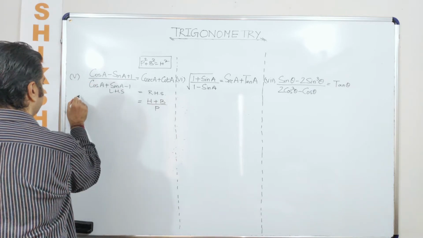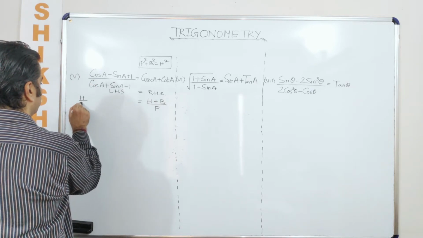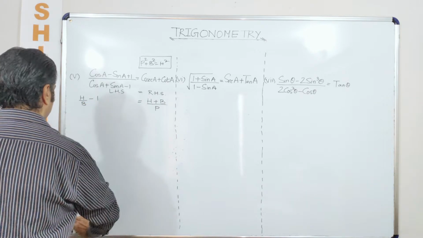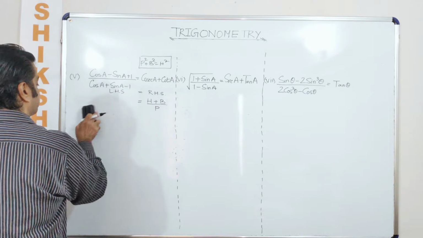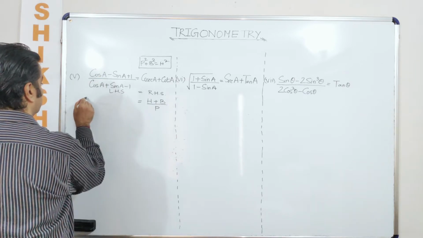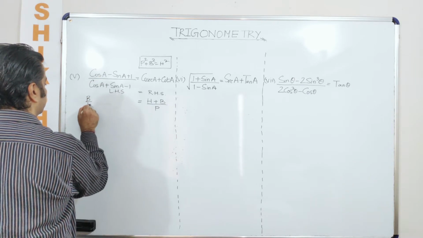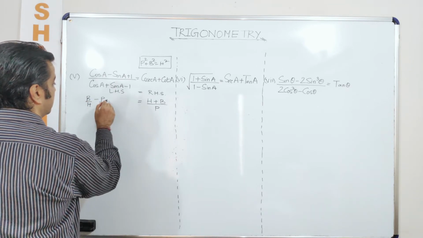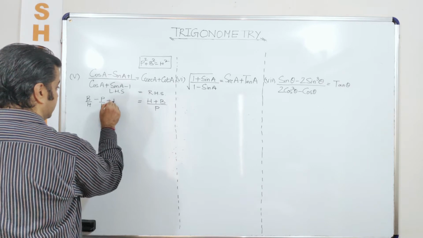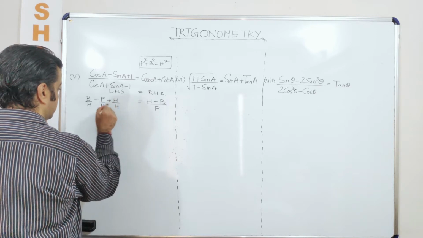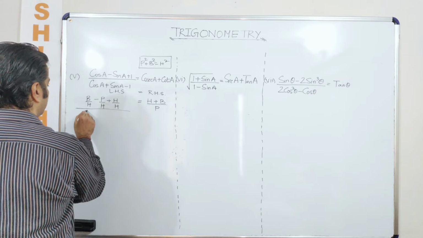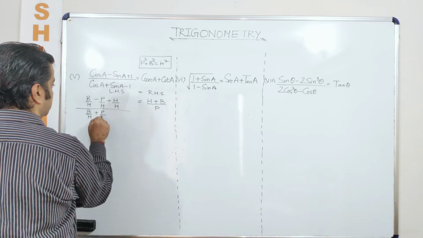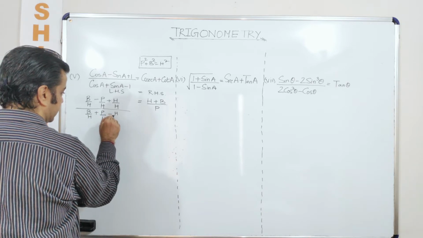Now let's see what the left hand side is. This is h upon b minus p. This is cos, so I'll be writing it as b upon h minus p upon h, plus 1, which I can write as h upon h, divided by b by h plus p by h minus 1, which I can write as h upon h.